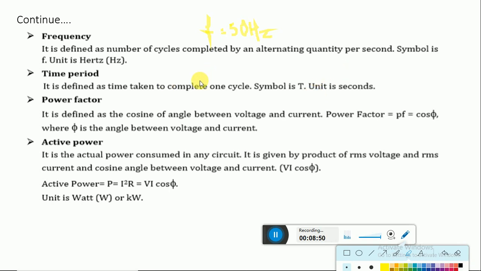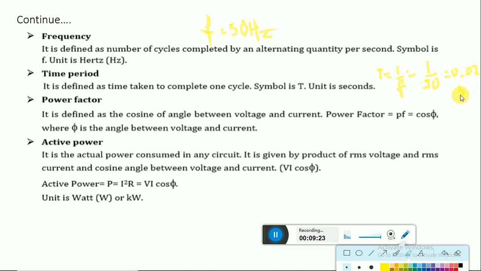Now if you want to find the time regarding our signal, then time period T is equal to 1 over f. The equation is 1 by f. So if you place f is equal to 50 over here, it is 1 by 50, and your output is 0.02 second.